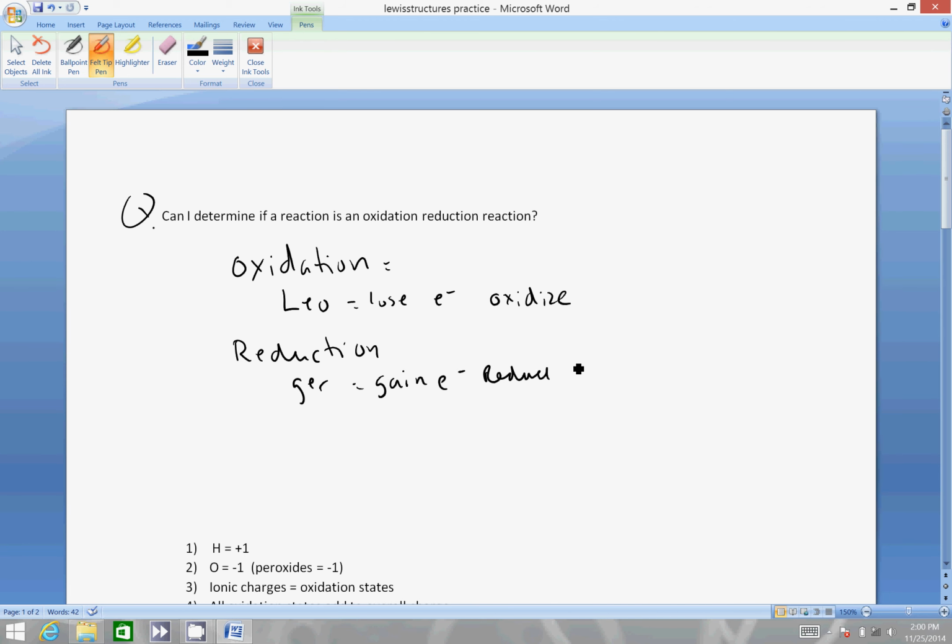Now you'll note that electrons are finite, there are only so many of them, so in order for one item to lose electrons, something else has to gain them. So oxidation and reduction have to happen in pairs. You cannot have an oxidation without a reduction.